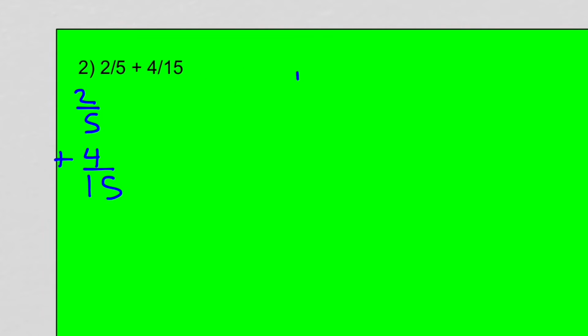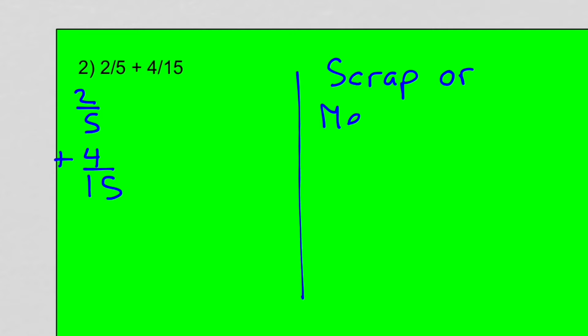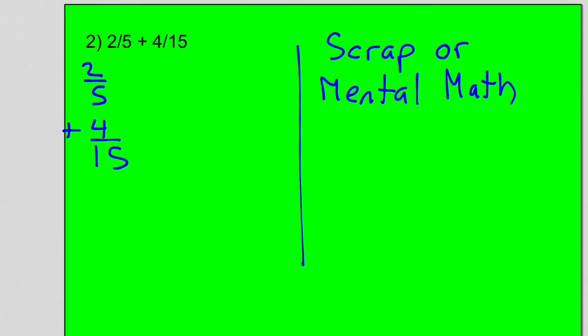This question is 2 over 5 plus 4 over 15. I'm going to have a piece of scrap paper or something for mental math. So I'll put scrap or mental math. And remember, if you can find the lowest common denominator with mental math, you don't have to show it.